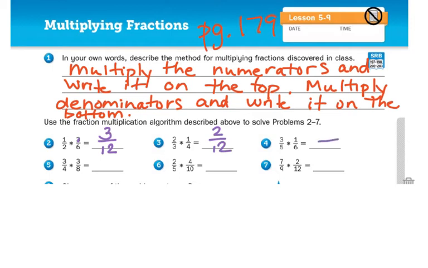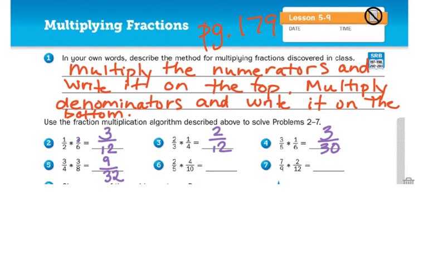Number 4, 3 times 1 is 3, and 5 times 6 is 30. Number 5, 3 times 3 is 9, and 4 times 8 is 32.